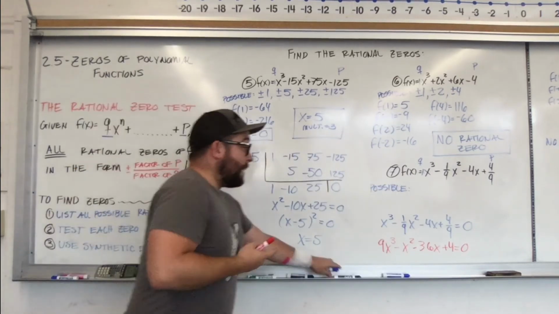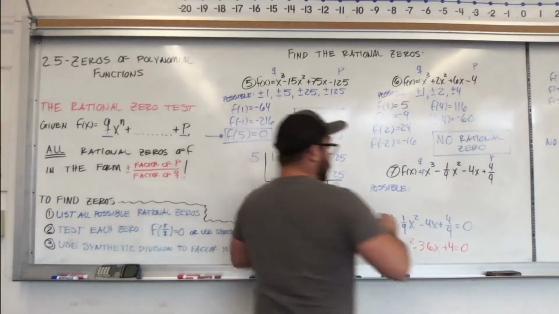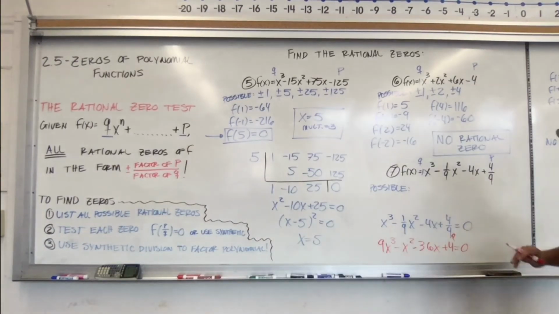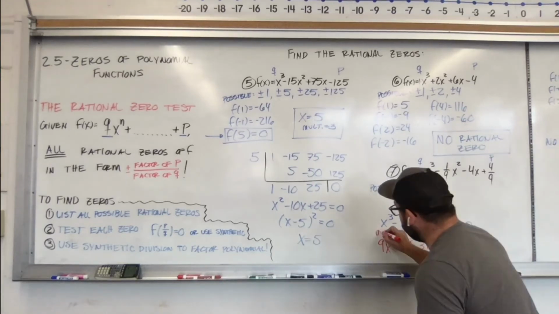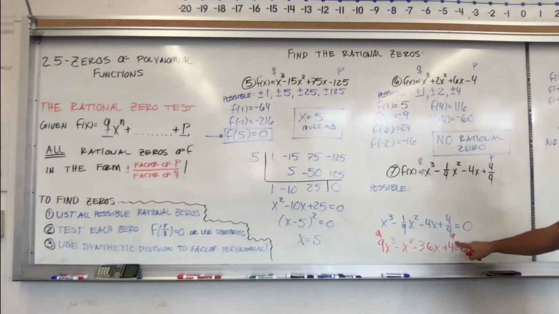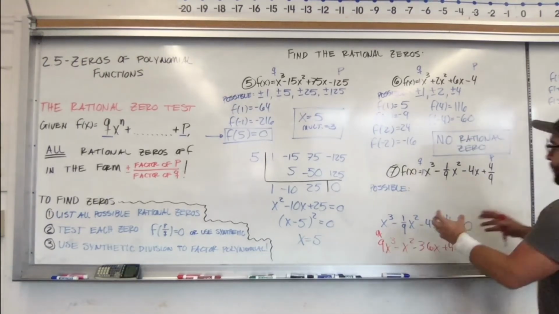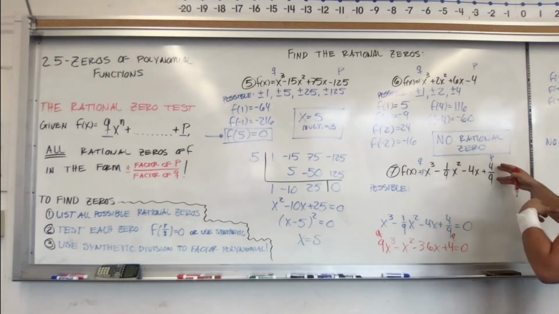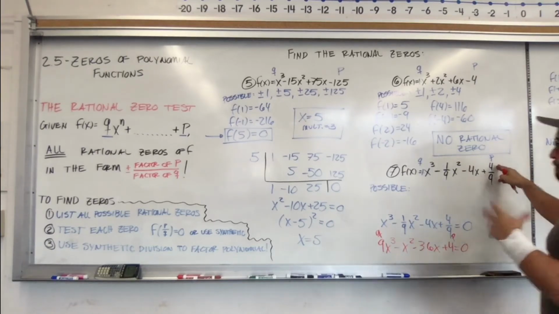However, it does make it a lot easier to see my new factors, right? Where P is going to be 4, Q is going to be 9. So now I'm looking at the factors of 4 over the factors of 9, which is a little simpler to view rather than remembering to break the factors of this one up by itself.